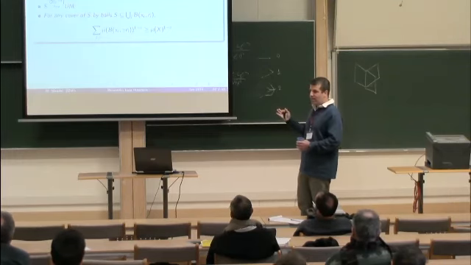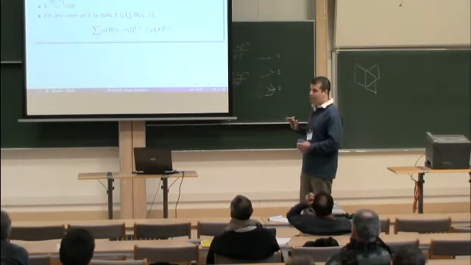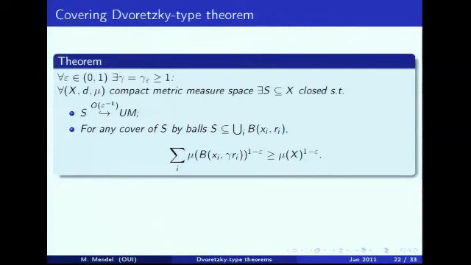So this is our main theorem, that is able to connect this measure on X to a lower bound on S. It's the following thing. Say that for any epsilon, there is some constant gamma, which depends only on epsilon, with the following property.